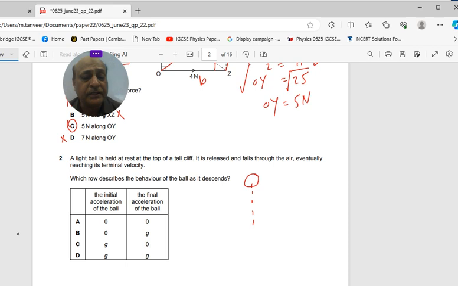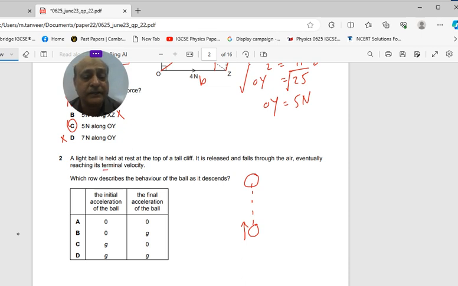When the speed of the ball increases, air resistance also starts increasing, and the direction of air resistance will be opposite. A certain point is reached when air resistance and the weight of the ball become equal. At this point, when they become equal, that is called terminal velocity.